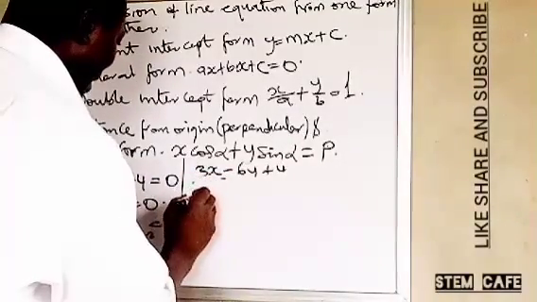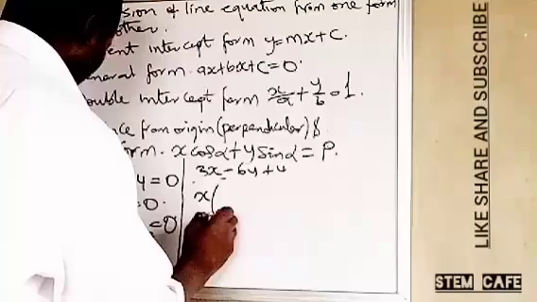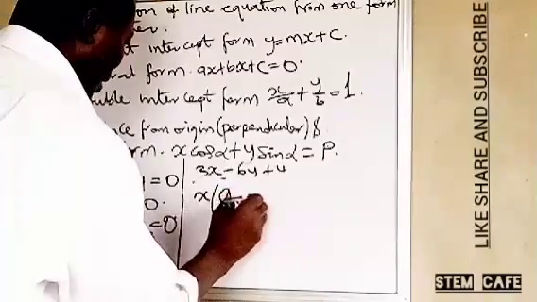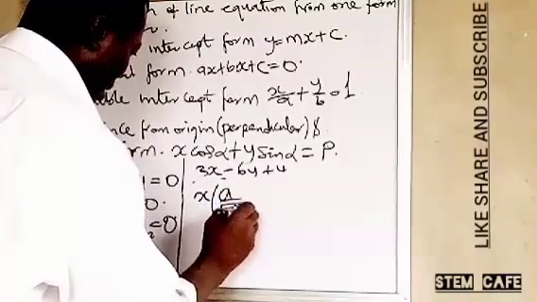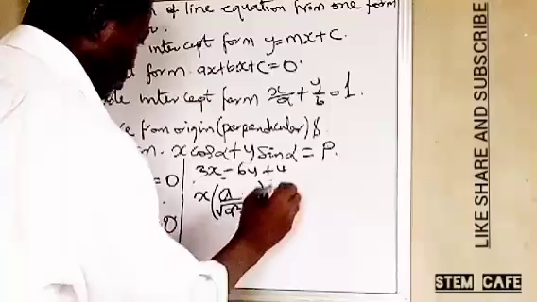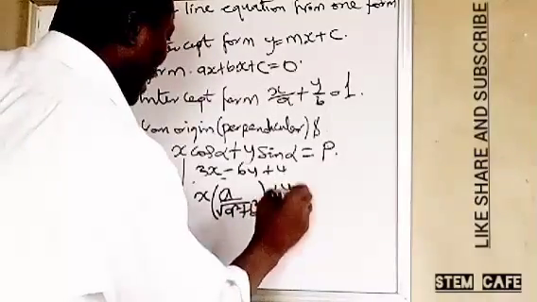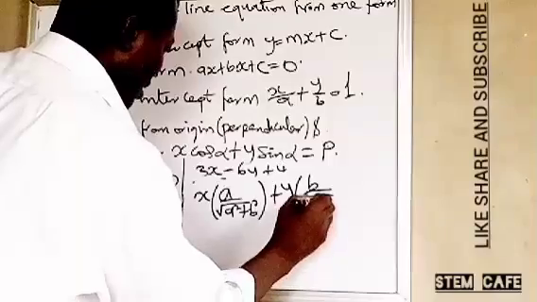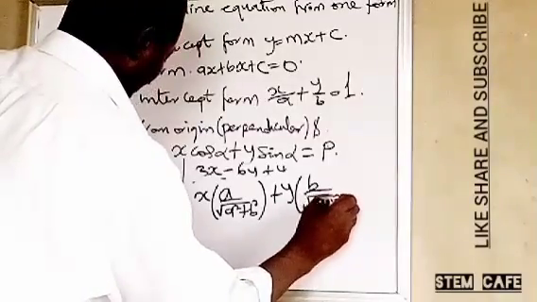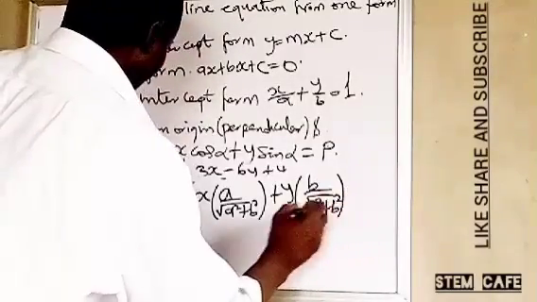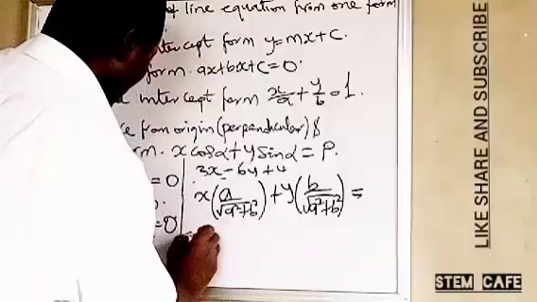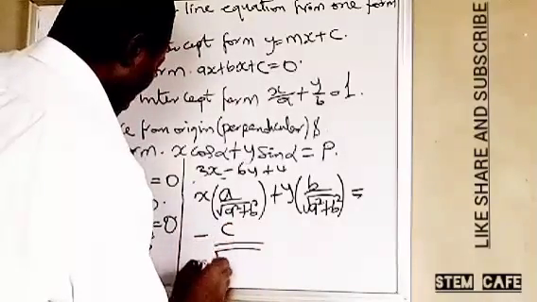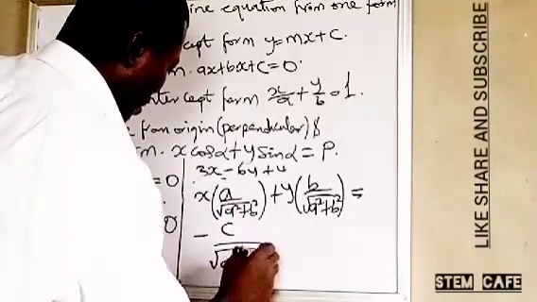So you have x into a over root of a square plus b square plus y into b over root of a square plus b square is equal to minus c over root of a square plus b square.